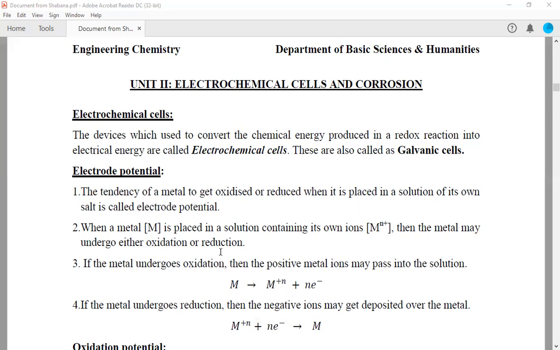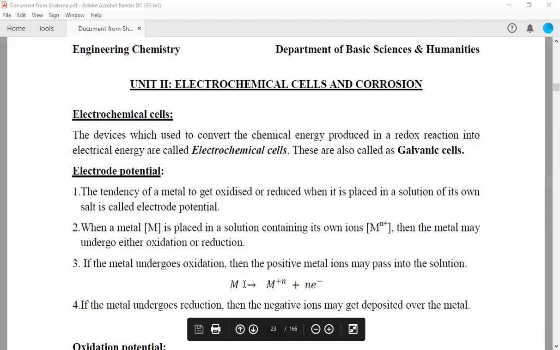When the metal is placed in a solution containing its own ion, the metal may undergo either oxidation or reduction. Suppose the metal undergoes oxidation. See here, the oxidation state of this metal is 0, and when it undergoes the reaction it becomes +1, or +2, whatever it may be, plus m.